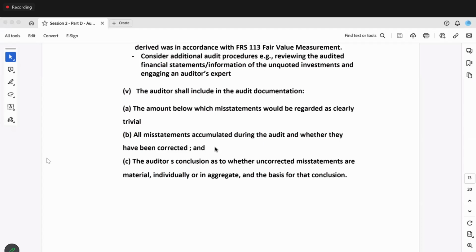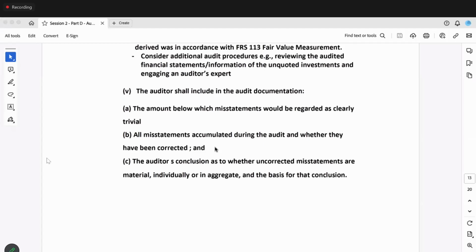It is all those that are not corrected. So first, you have to identify the misstatements, then you highlight to the client for correction. Okay. Then after those that are corrected, the auditors will only want to look at those that are uncorrected. And in total, they will decide whether these uncorrected misstatements are considered as material individually or in aggregate.